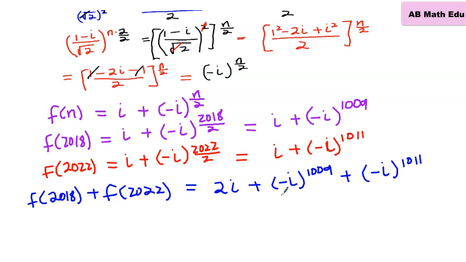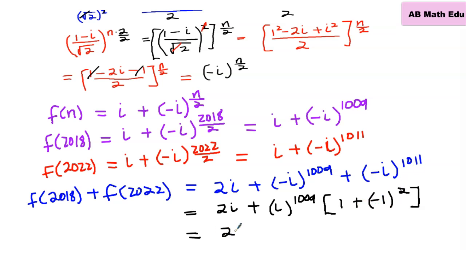So here we realize that we can factor something out, since there's a repeated term. This is going to be 2i plus, we take (-i) to the power 1009 out. What is left is only 1, plus (-i) to the power 2.